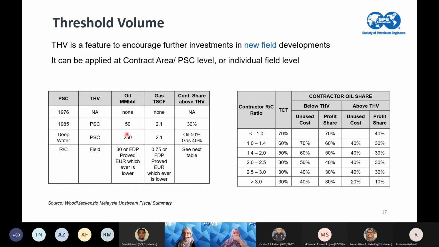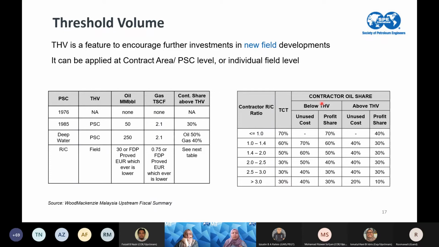Why is this important? This slide is what I was trying to get to from the last 3 slides. Based on the particular R over C, this is the Malaysian R over C table. So for oil, for example, if R over C was, say, 1, the cost recovery ceiling is 60%. TCT is total cost tranche, so that's like your cost recovery ceiling.